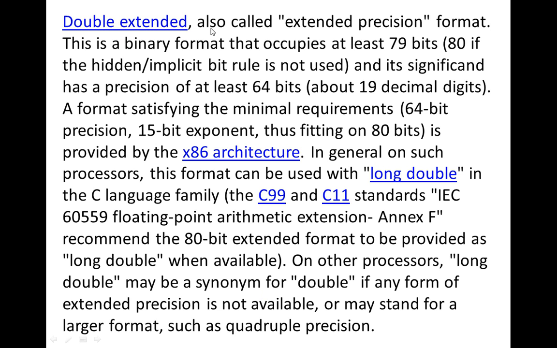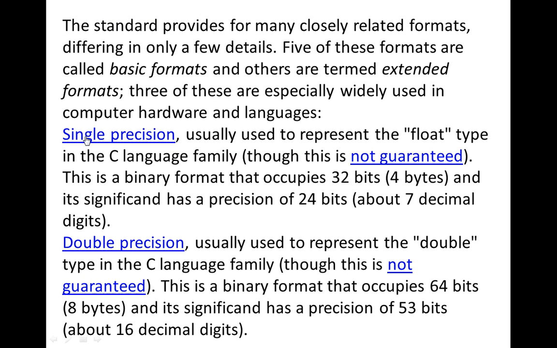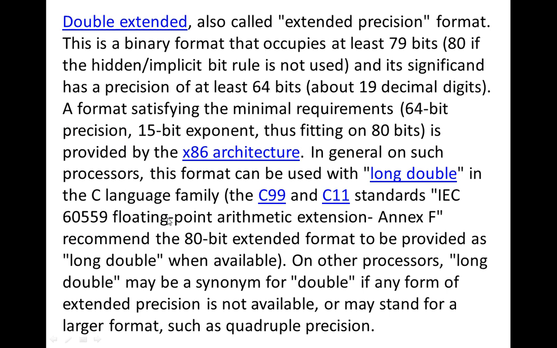Next one is double extended. So the first one is single precision, then double precision, and then double extended precision, also known as extended precision format. This is a binary format that occupies at least 79 bits, 79 bits meaning 80, in which the implicit bit rule is not used.